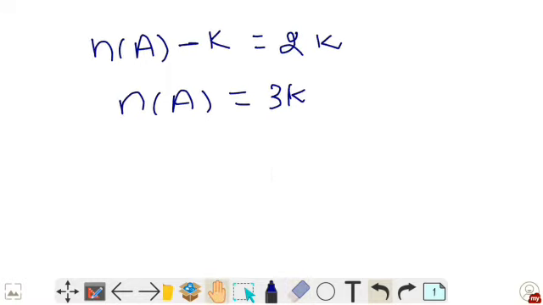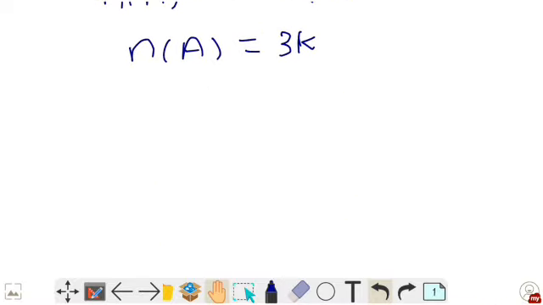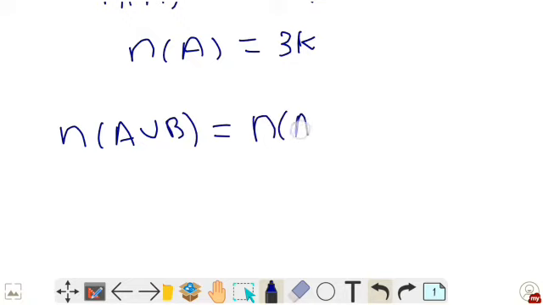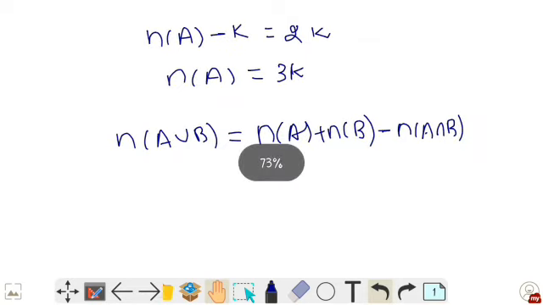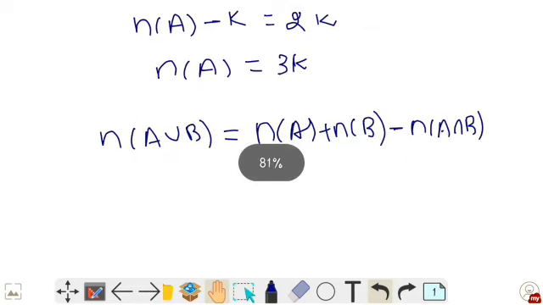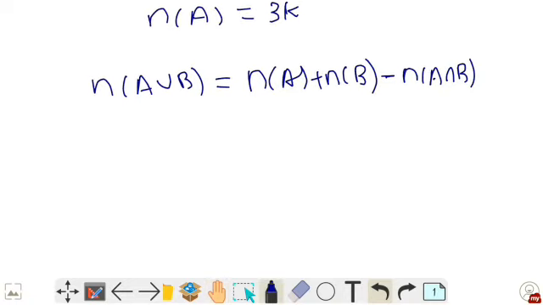So we found n of A equal to 3k and n of B equal to 5k. We know n of A union B is n of A plus n of B minus n of A intersection B. In the question, n of A union B is equal to 14.